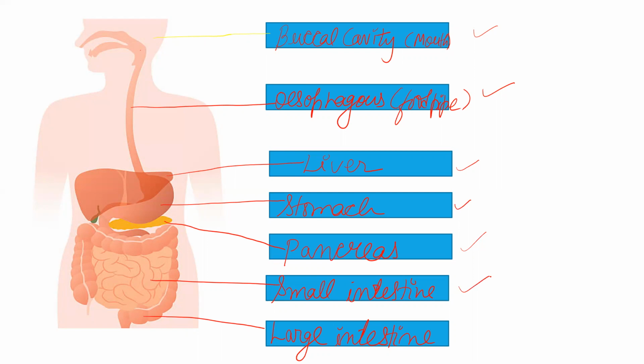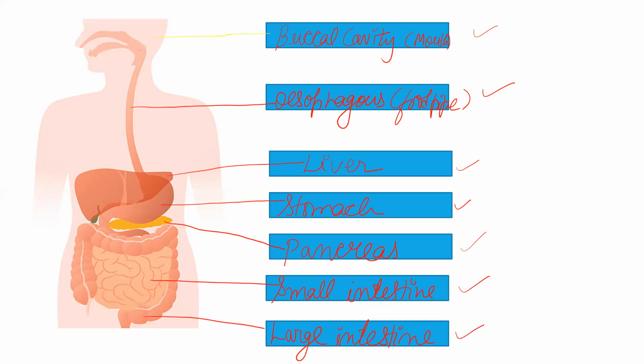There the complete digestion takes place, intestinal juices are also present, and then the finally digested food is absorbed through villi and goes to the blood through blood vessels. The nutrients are reaching each and every part of the human body.